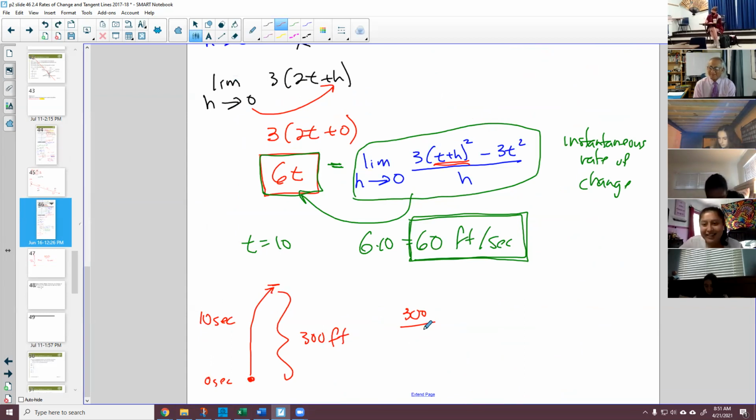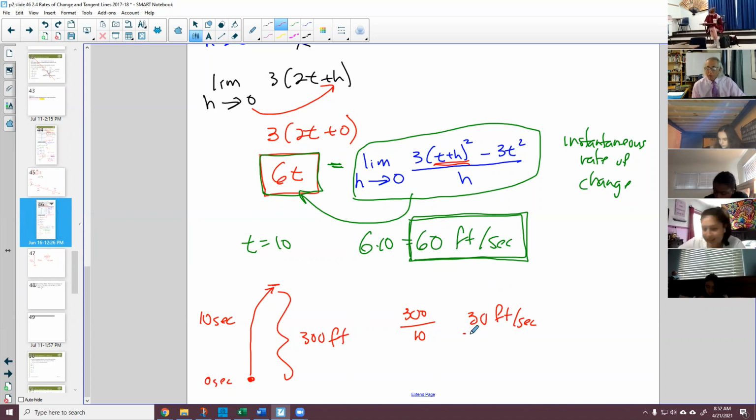Well, you need the 300, right? Yeah, I need the 300. So we're moving in the right direction. And then, is it 10? Yeah, because it took me 10 seconds. So my average speed was 30 feet per second.